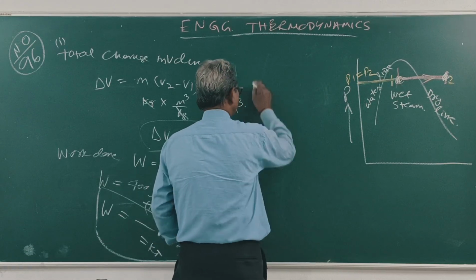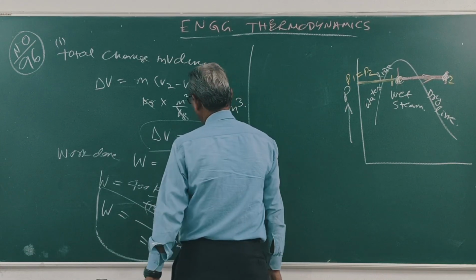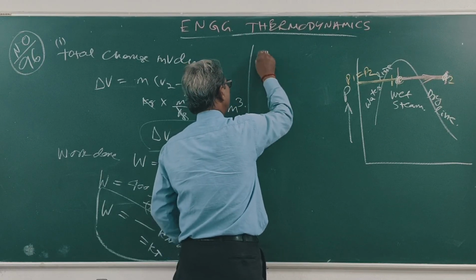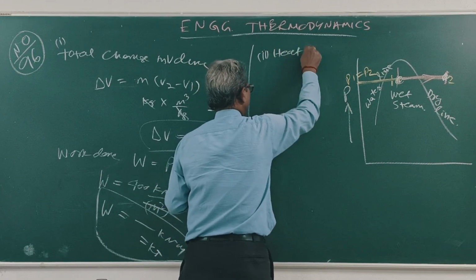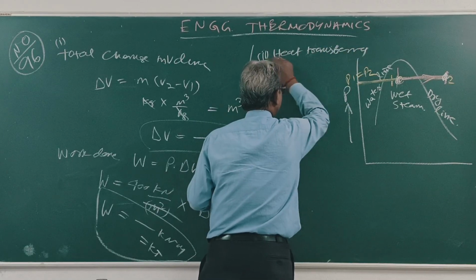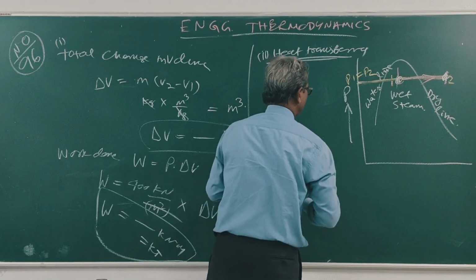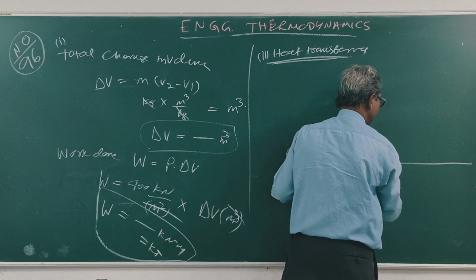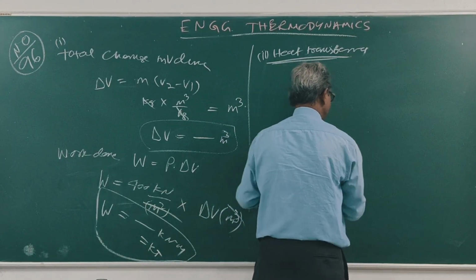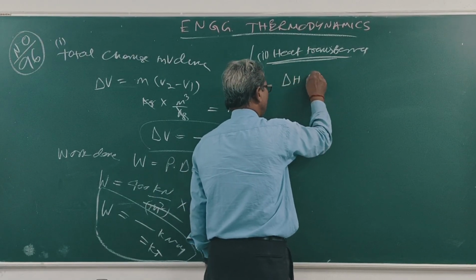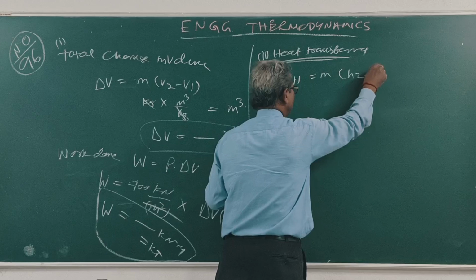Number 2, heat transfer. Delta H is equal to m into H2 minus H1.